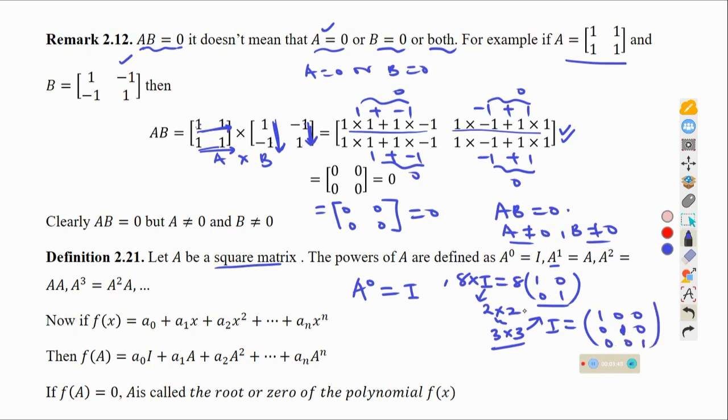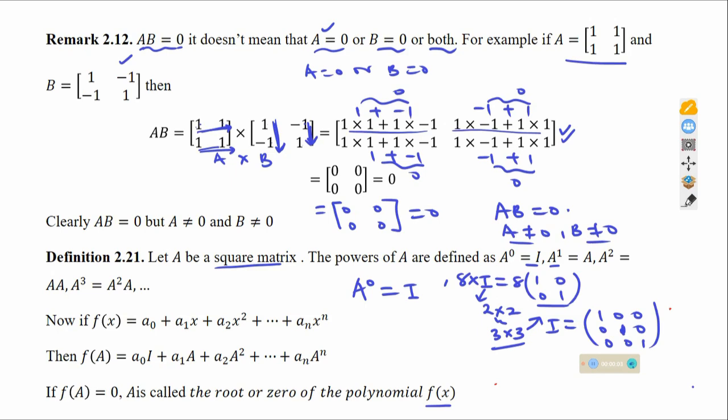So like that. Whenever we have A to power 0, we shall be putting I, which is representing the identity matrix. A to power 1 will always be the same as A. A to power 2 will be the same as A times A. A to power 3 will be the same as having A squared times A.